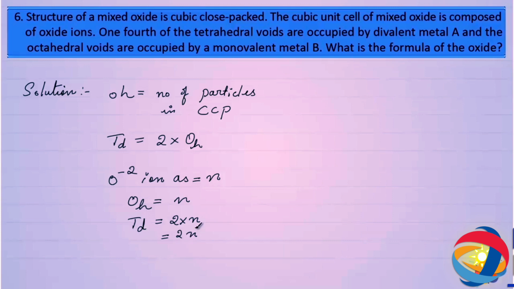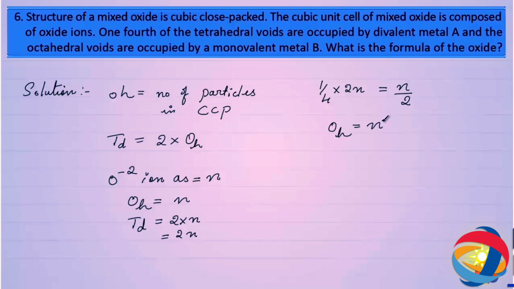As 1/4 of the tetrahedral voids are occupied by divalent metal A, the number of atoms of the divalent metals A occupying the tetrahedral voids are given by 1 by 4 into 2n, which is equal to n by 2. As the octahedral voids are occupied by the monovalent metal ion B, the number of atoms of the monovalent metal ion B occupying the octahedral voids is given by n.